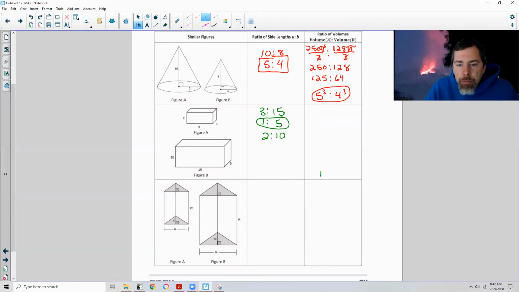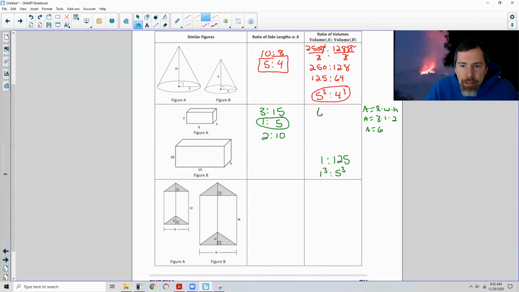So down here, I'm going to put 1 cubed is to 5 cubed, and 1 cubed is 1, and 5 cubed is 125. So this is what we're trying to get. And the area equals length times width times height. So the area of the little one is length times width times height. So the area is 3 times 1, which is 3, times 2 is 6.